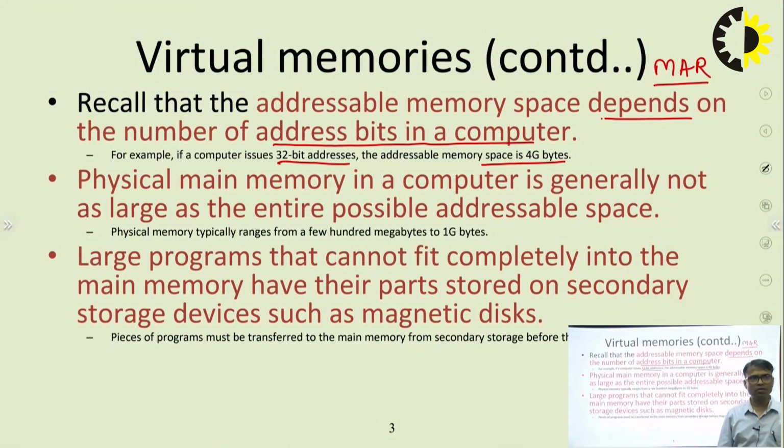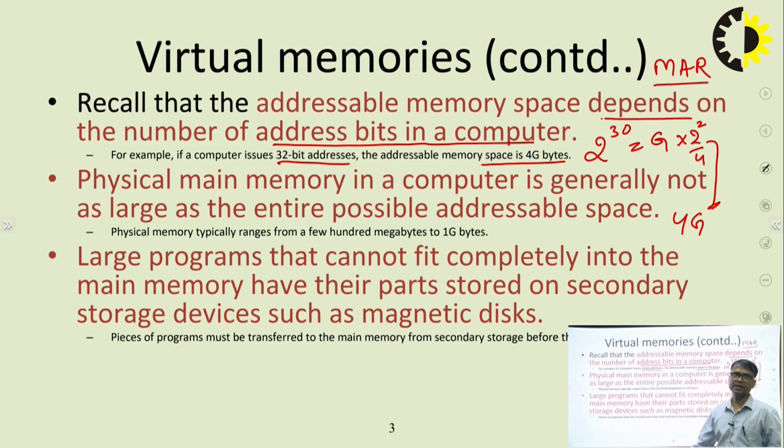That can be easily calculated. We very well know that 2 raised to power 30 is equal to 1 G. When we add an additional 2 bits, we get a space of 2 raised to power 2, that is 4. So that comes out to be 4 gigabytes of space if one cell has 8 bits.